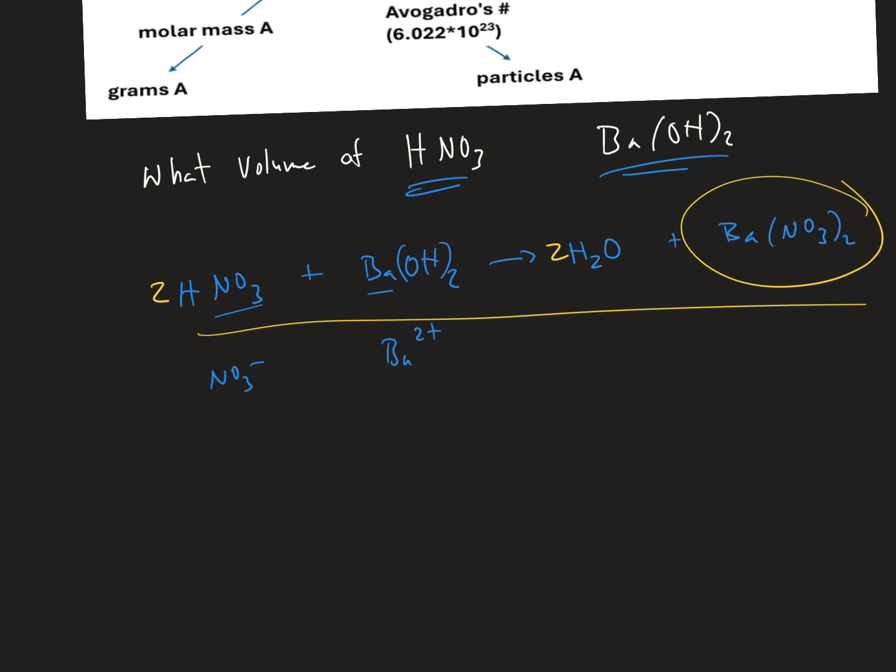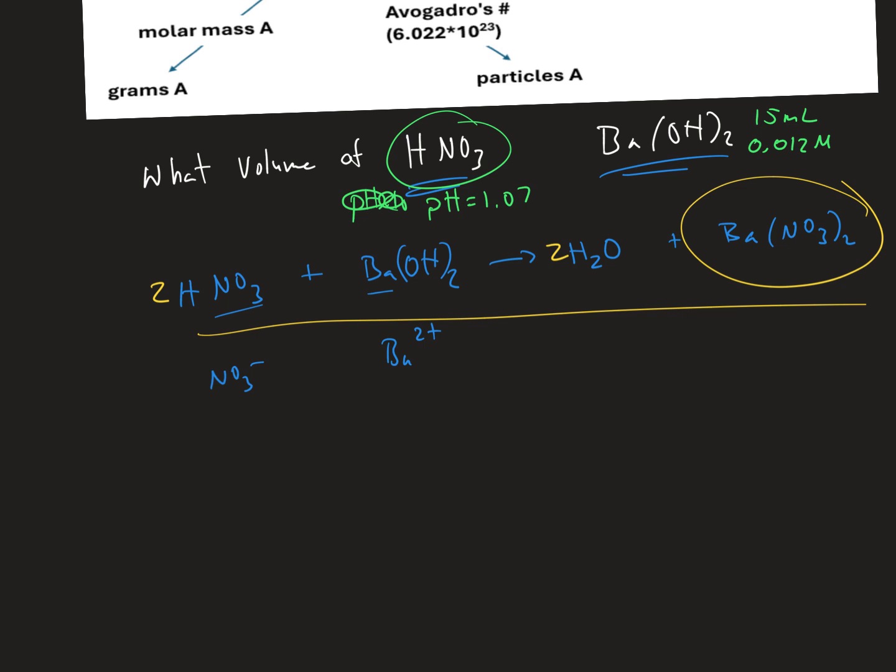So this solution has a pH of 1.07. And it titrates with 15 milliliters of a 0.012 molar concentration of barium hydroxide.